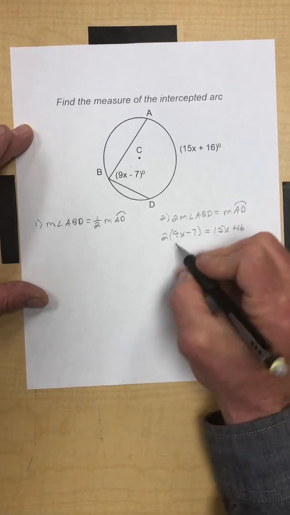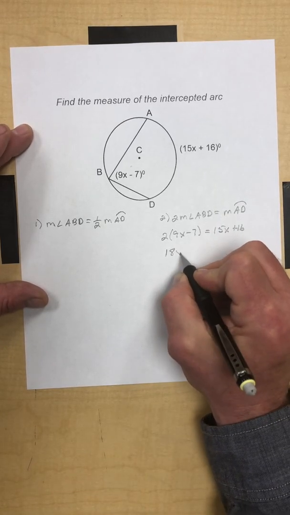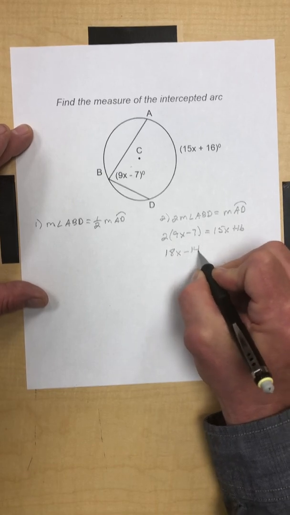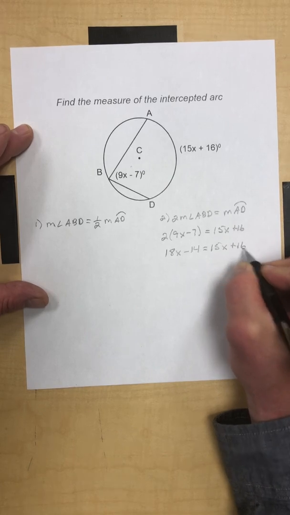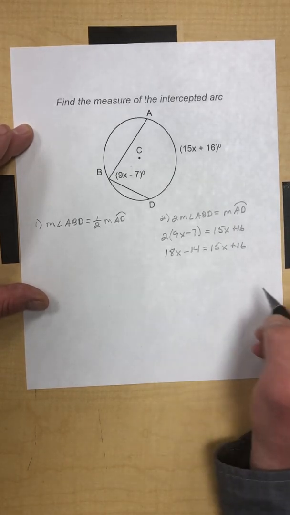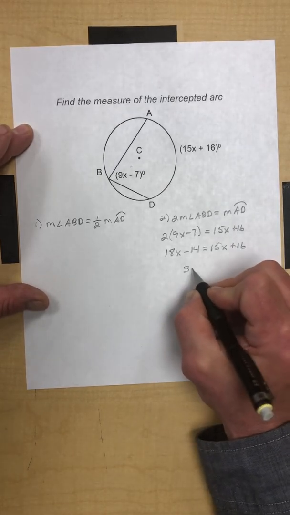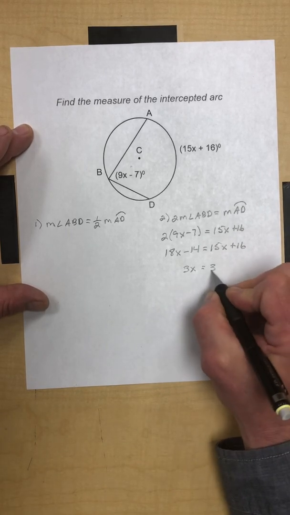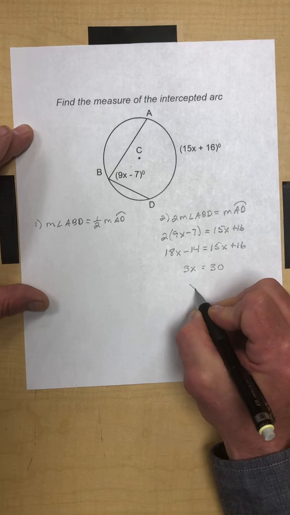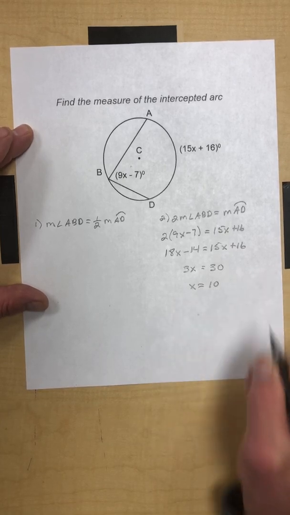Distributing the 2, I'm going to get 18x minus 14 equals 15x plus 16. Subtracting 15x from both sides, that'll give me a 3x over here. Then adding 14 to both sides, that will give me 30, and then dividing by 3, it looks like I'm going to get x equals 10.